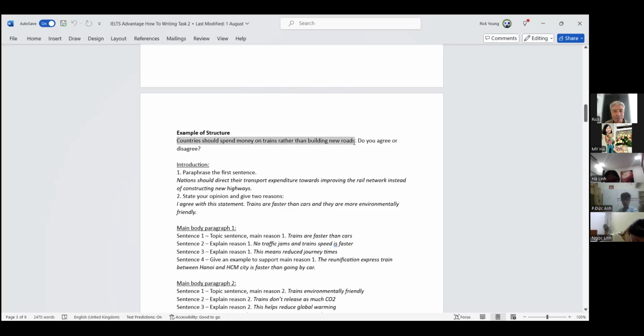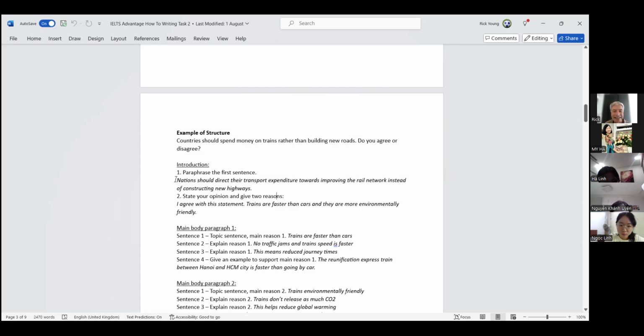Can you please read the thesis statement? Countries should spend money on trains rather than building new roads. Okay, now this is my paraphrase. Can you please read that?